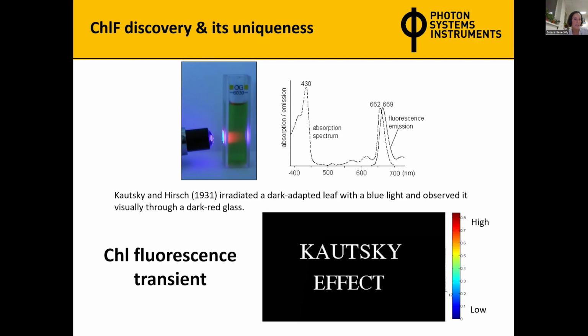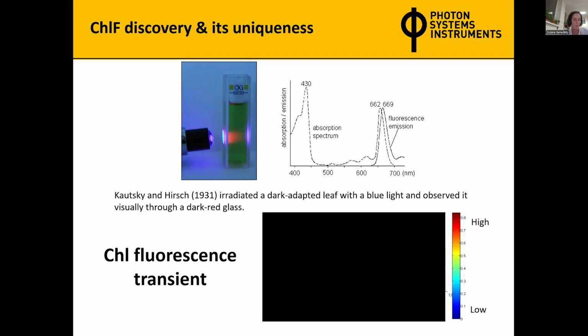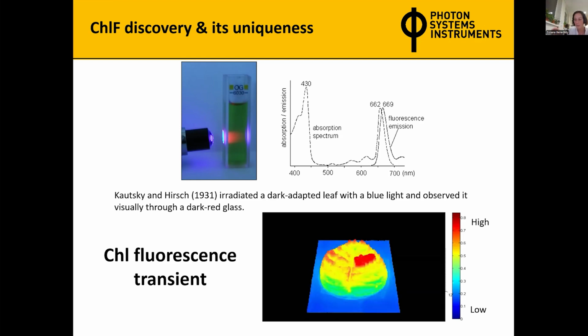It's something that is changing in time. It's a kinetics, even though they used constant light. Here in the image, you can see the red spot. There is a spot where diuron, DCMU, was applied. So this was the first experiment which proved that chlorophyll fluorescence is a kinetic signal.